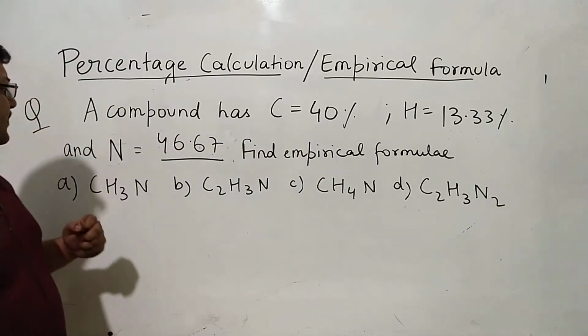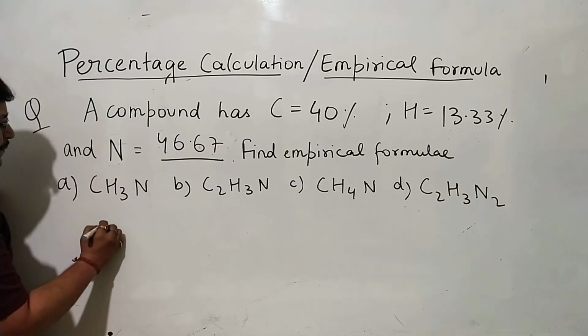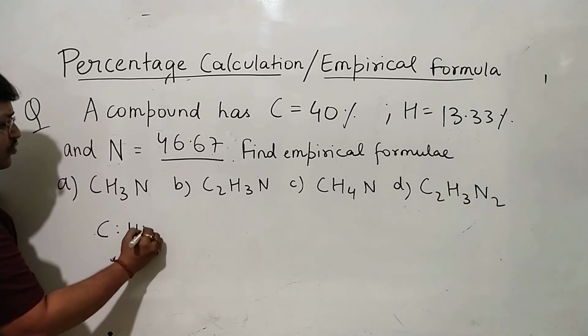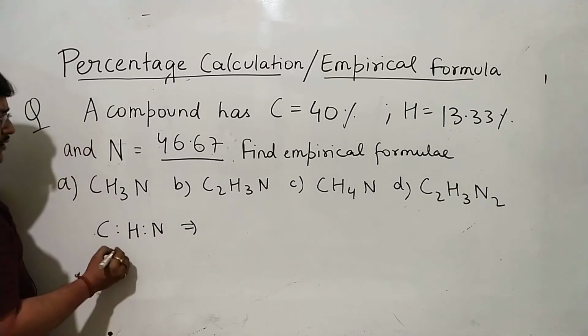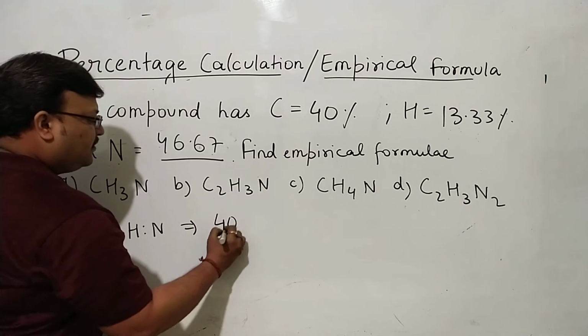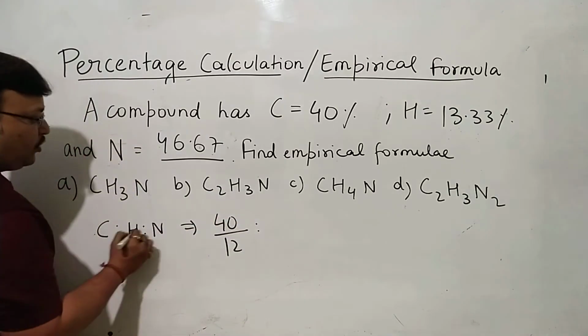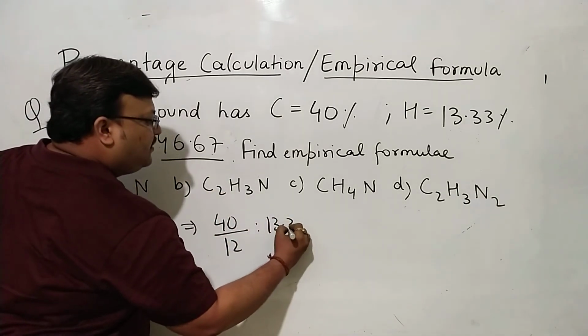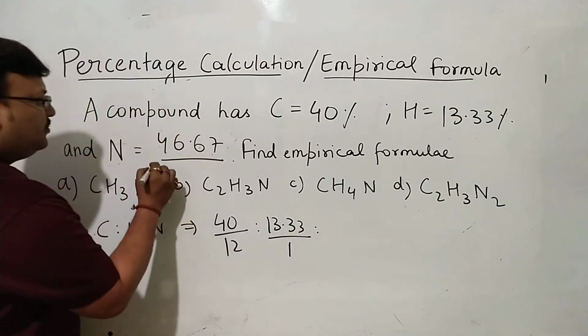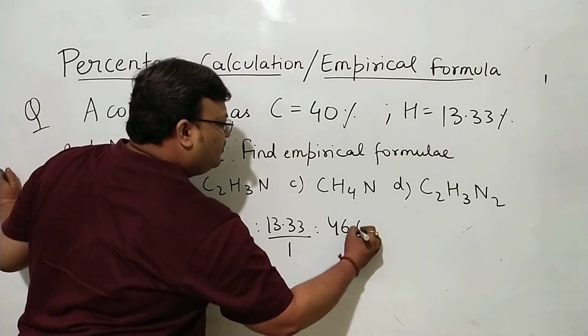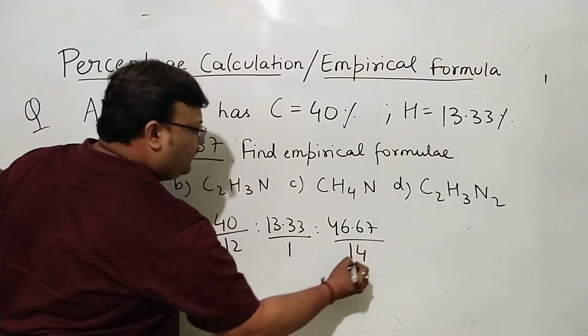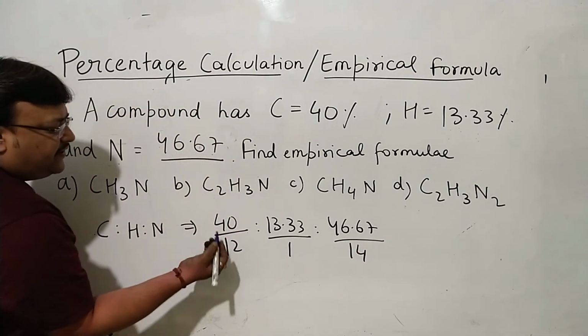So what we do is, we find yet again carbon to hydrogen to nitrogen by dividing the percentages with the corresponding atomic weights. So 40 upon 12, 13.33 upon 1, to 46.67 upon 14.